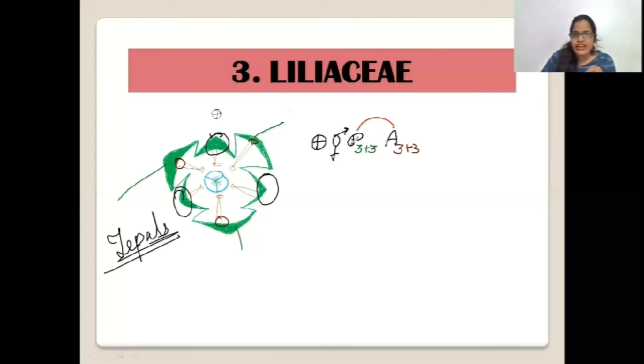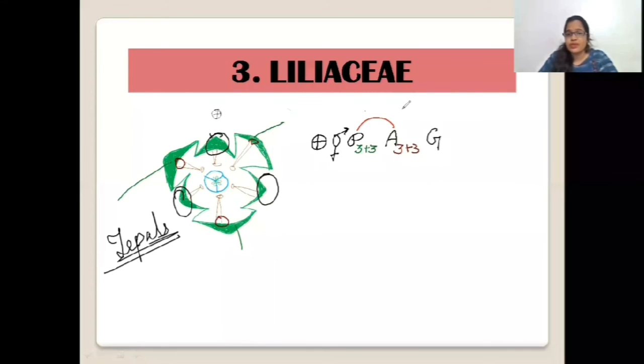Now the next part I'm left with is the gynoecium. Let's go for the gynoecium, G. Now, in this gynoecium, you can count how many carpels will be present.